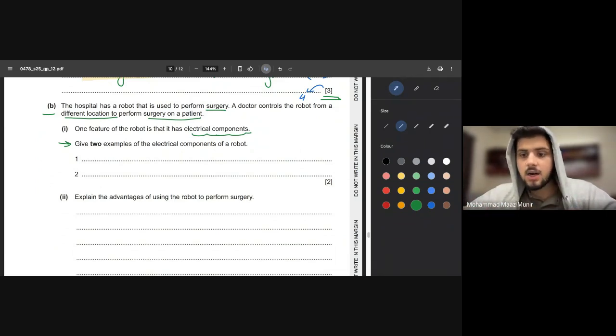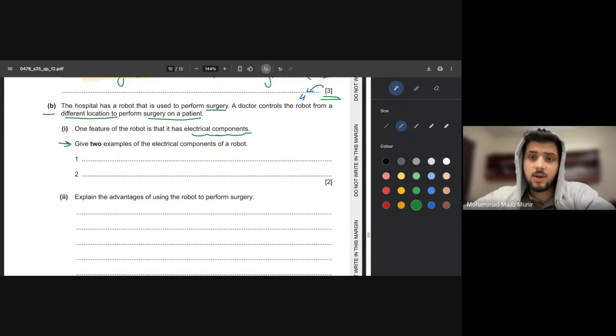Yes, Mahad. For Feb March, for whatever paper it is, even if it's May June, October November, Feb March, it's the same. I guess there is no Feb March for O levels, but if there is, then yes, it's the same. I'm not sure about O levels though because I personally did IGCSE. So O levels do not have Feb March if I'm not wrong. But even if they do, it's 100% the same.